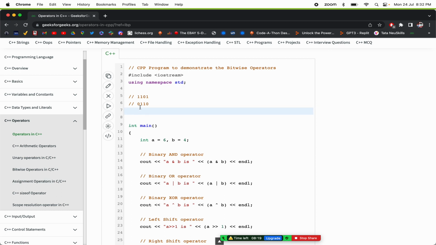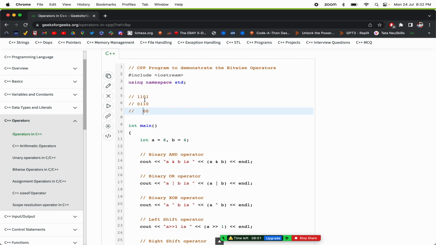Over here 1 and 0 gives 0, and 0 and 1 also gives 0, because both bits have to be 1.